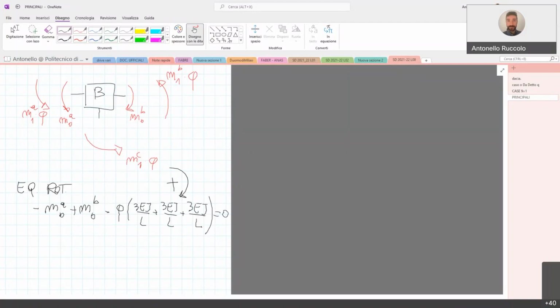We have one equation, one unknown, and we can find its value.